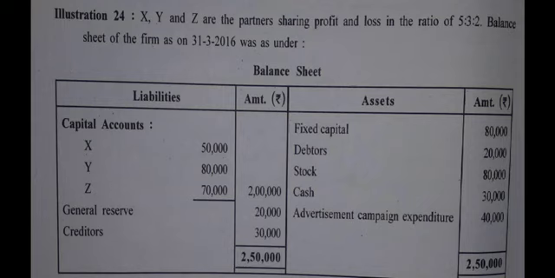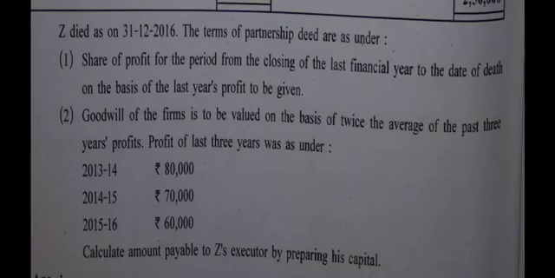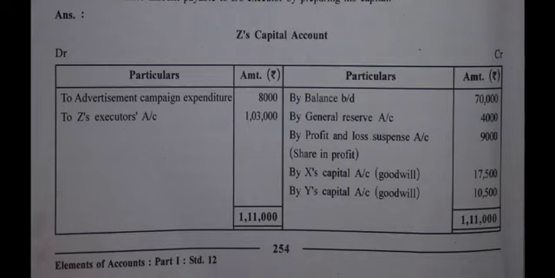So we have not recorded the remaining things. We were only supposed to record the things related to the capital account of Z. Hence, we have written all the related things and we have obtained the amount payable to executor of Z. The sum was quite simple and easy.